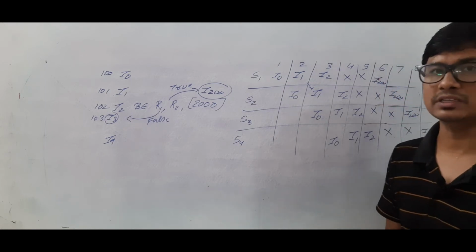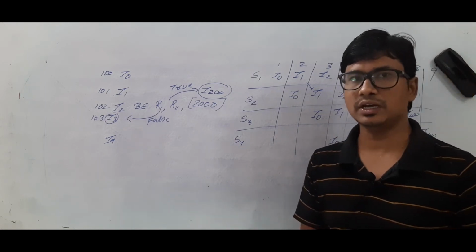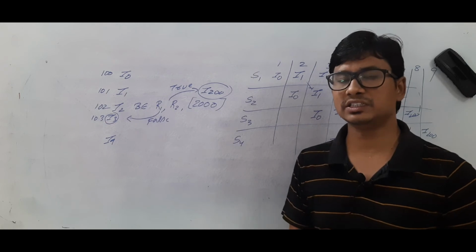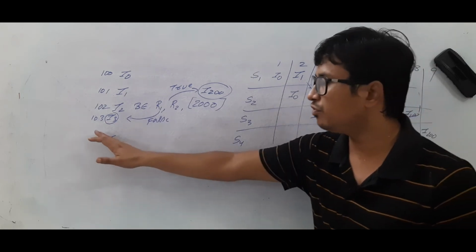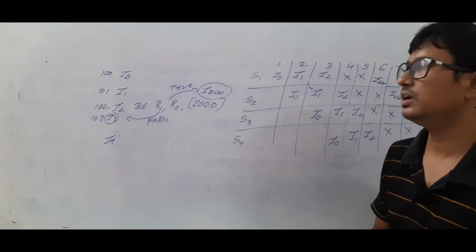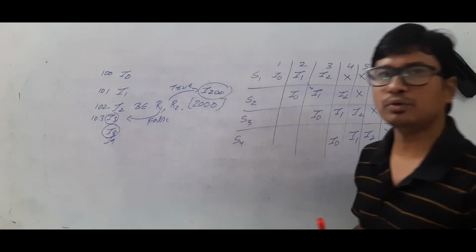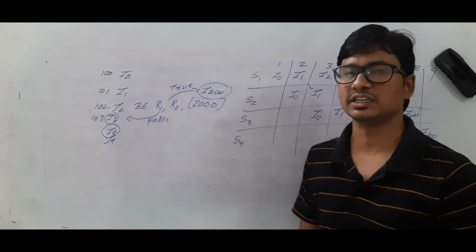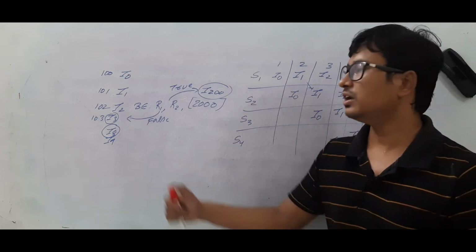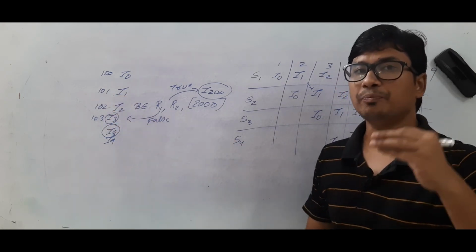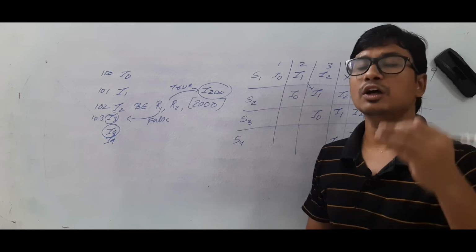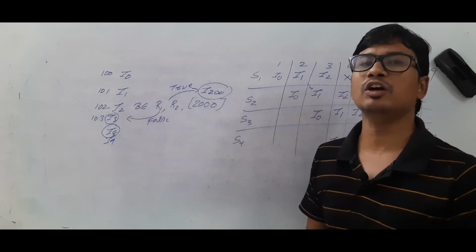Then you can ask me, sir, which instruction will I execute? You have to execute an instruction such that if you reshuffle it, let's take I8, the output of the program will not vary.